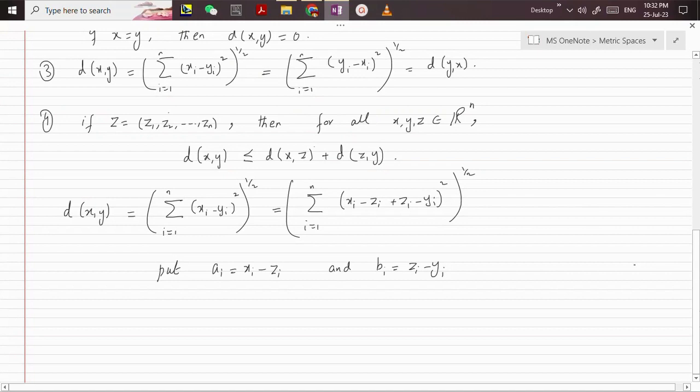It is just for making our derivation simple.